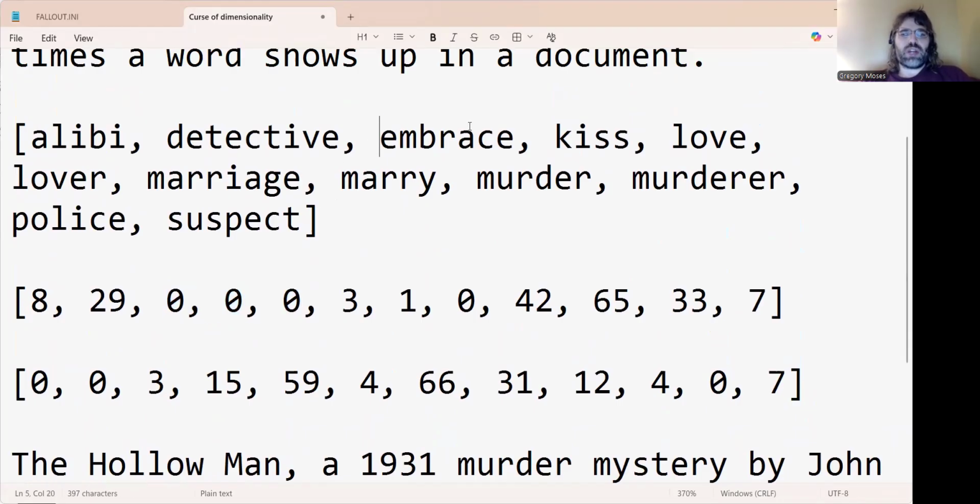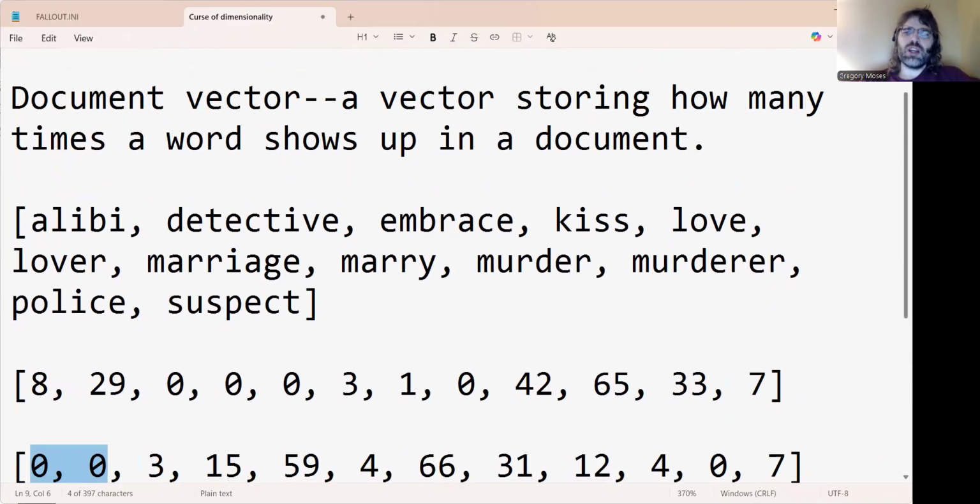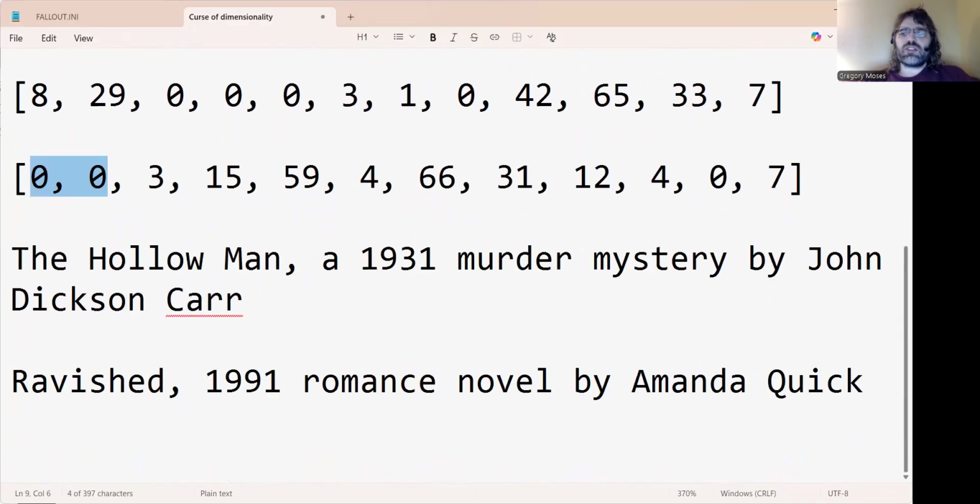All the words you'd expect in a romance novel show up in it, whereas words you'd expect in a detective novel do not show up in it. Pretty clear, right?